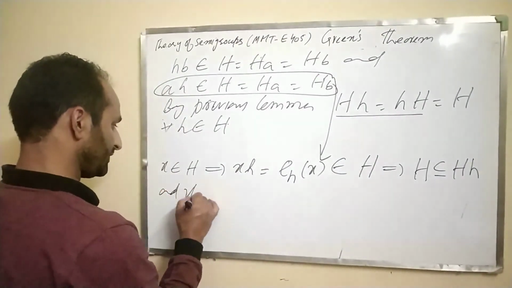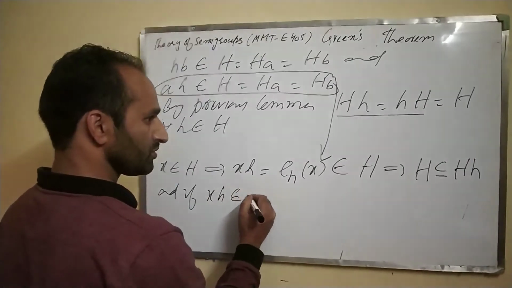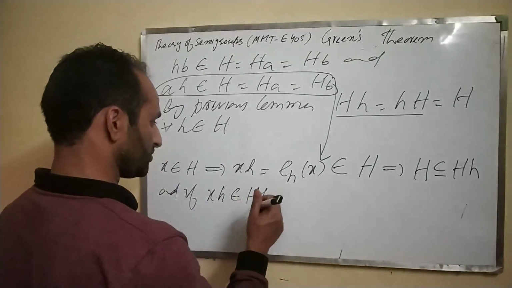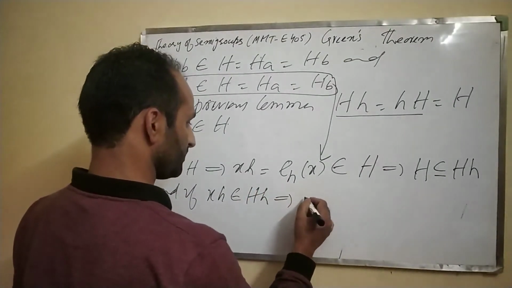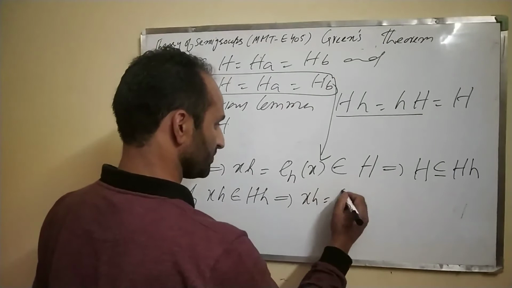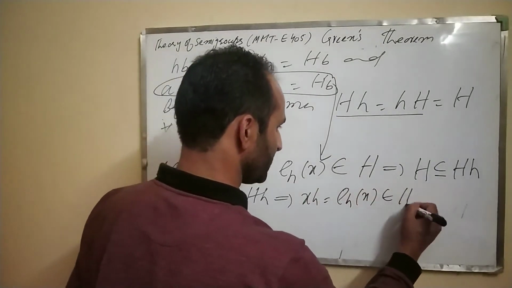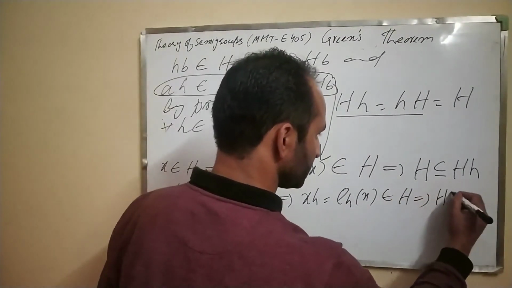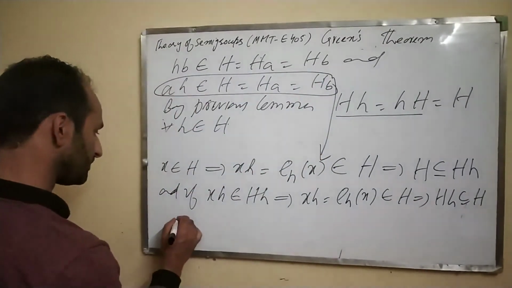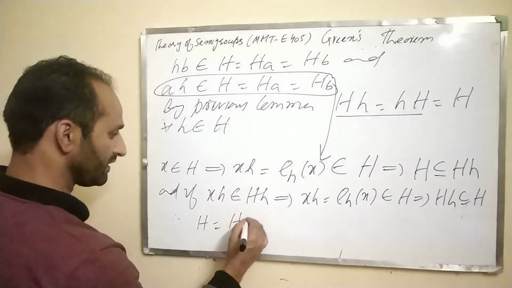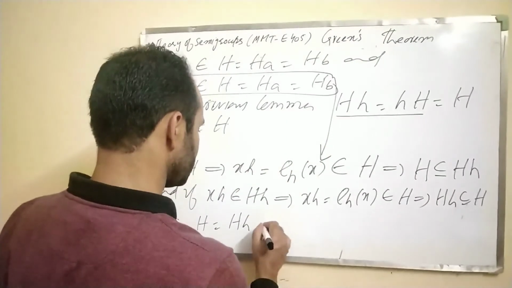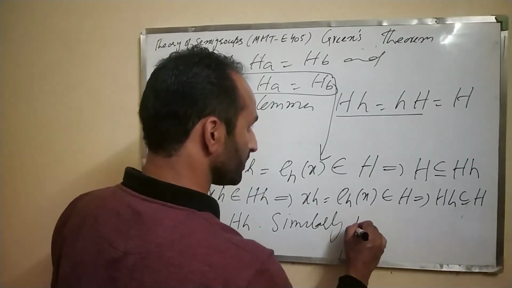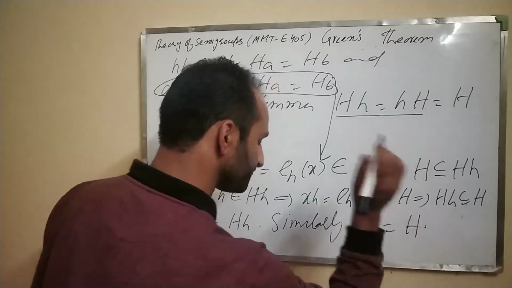And if X comma H belongs to HH, then this X belongs to H, which implies XH is equal to rho H of X, that also belongs to H, which implies HH is a subset of H. So therefore, H is equal to HH. And similarly, you can see that HH is equal to H.